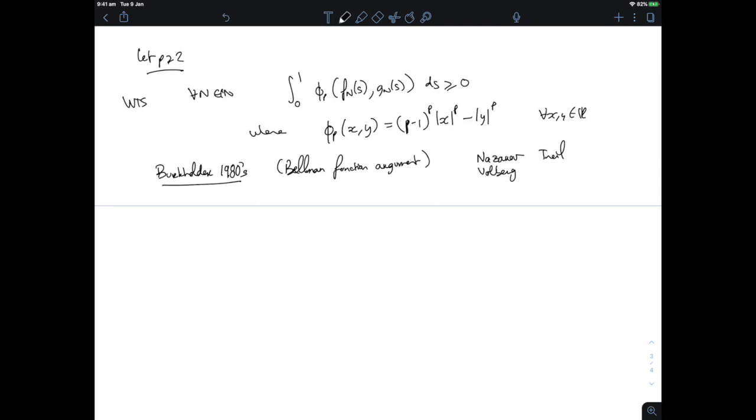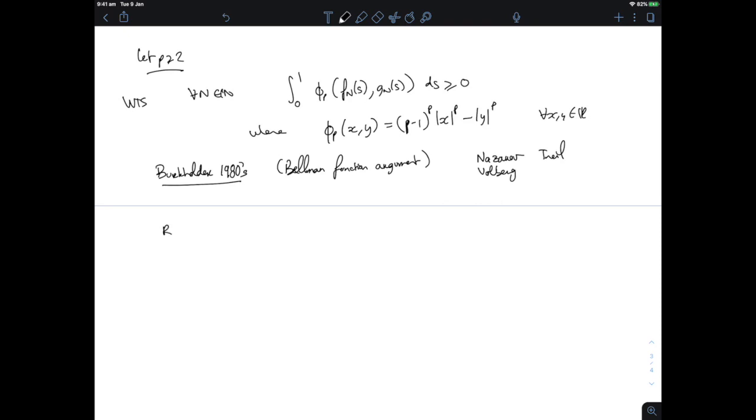And what is the basic idea of the argument? Well, the basic idea is that although I want to prove a certain inequality that involves this function phi p, I could prove a similar inequality for another function that I could choose as long as it is smaller than phi p, or say up to a constant.